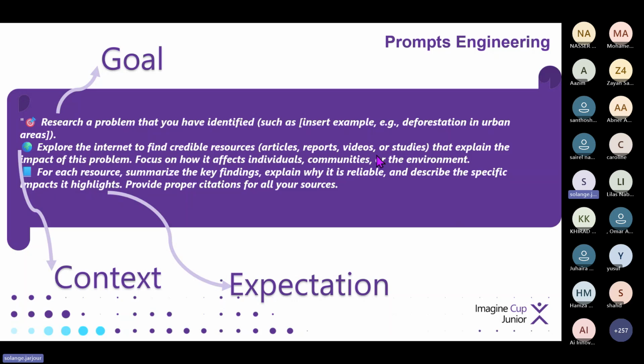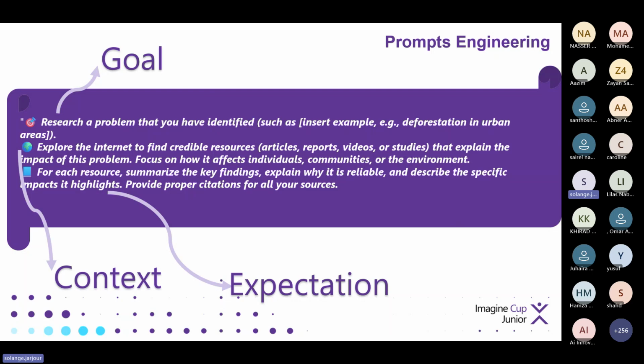And you are expected, ChatGPT, to explain why it is reliable and describe the specific impact it highlights. And also, this is critical for you. Please always add this sentence: provide proper citation for all the resources. Why? Because we want you to verify whatever ChatGPT is producing.